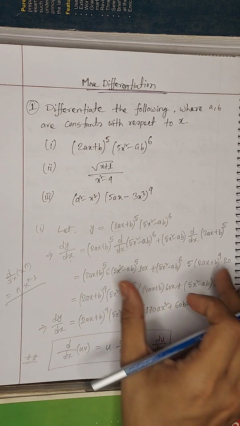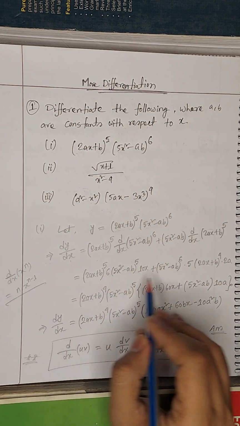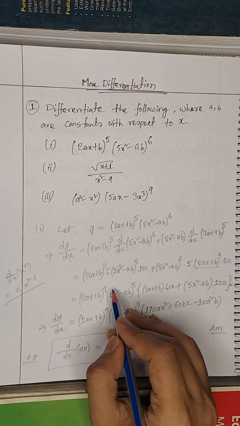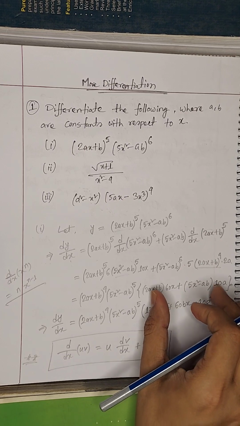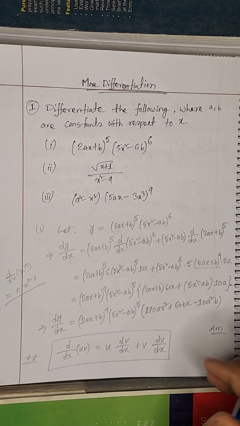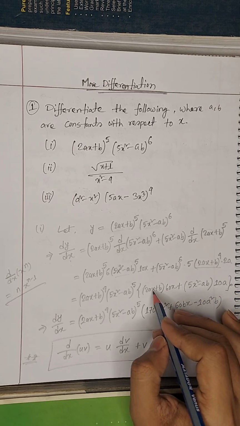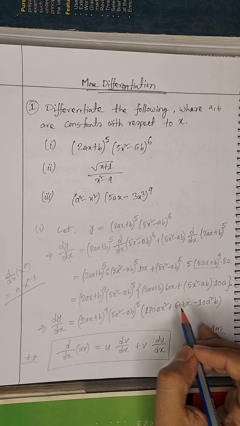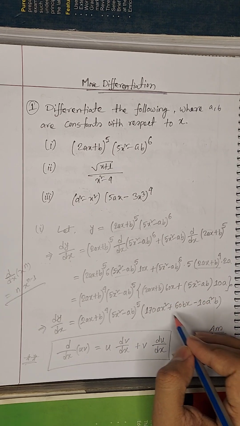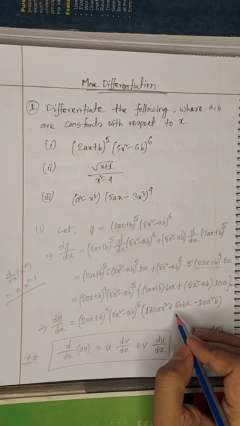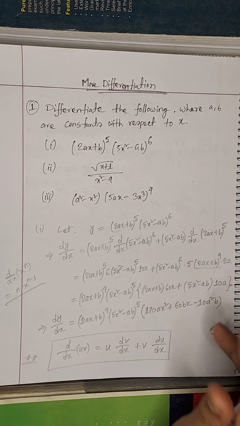Now from these two expressions we can take common 2a times x plus 5 to the power 4, and 5x square minus ab to the power 5, and our remaining part will be this. Then we have to do a little algebra calculation, multiply and then add, and finally we get the required expression after differentiating the given expression. Okay.